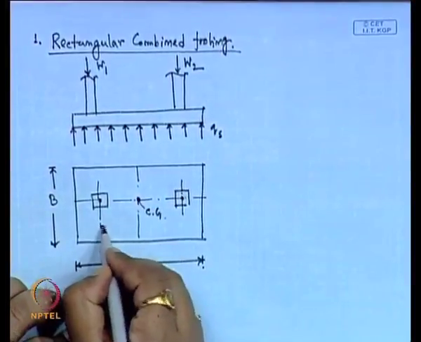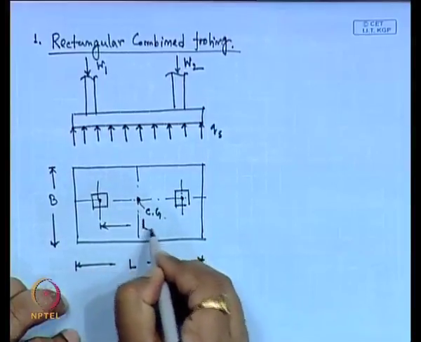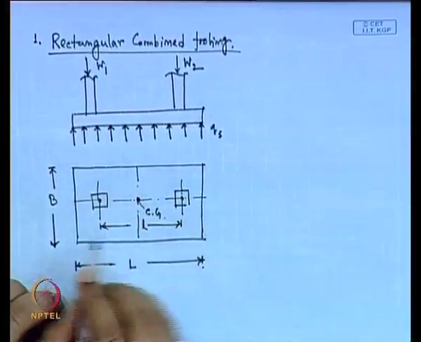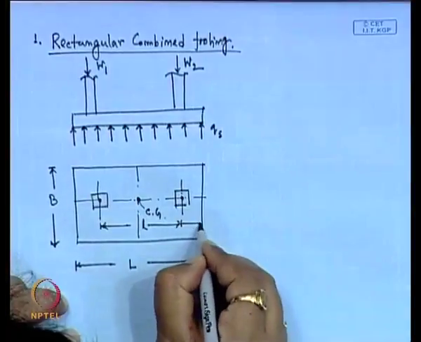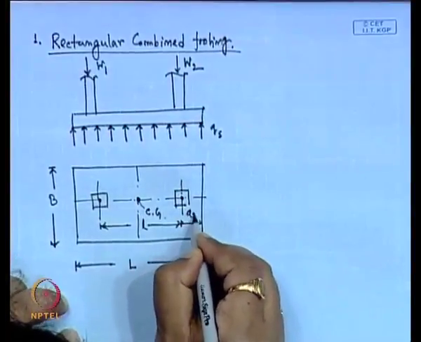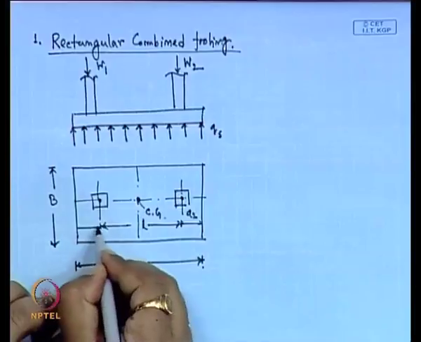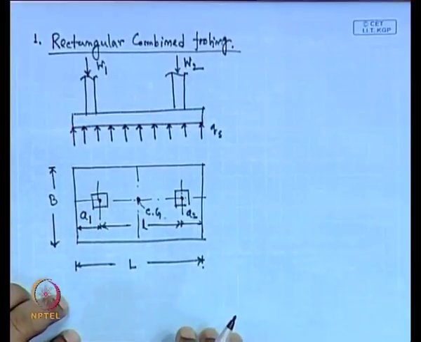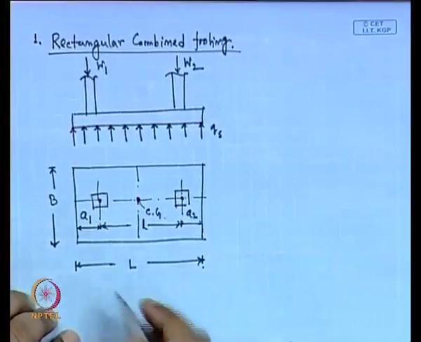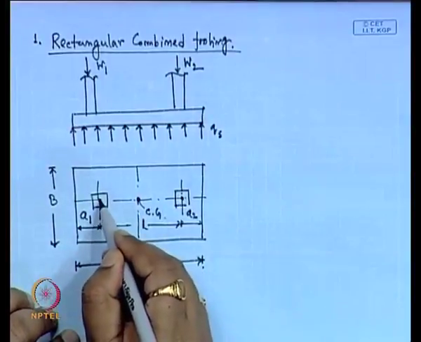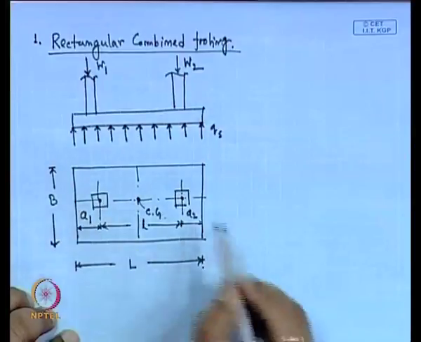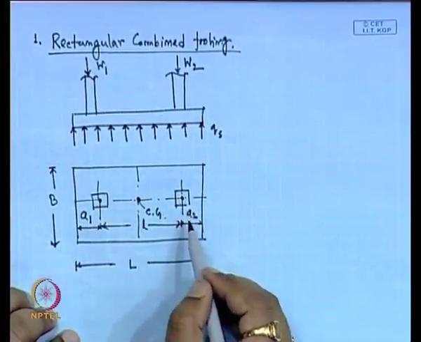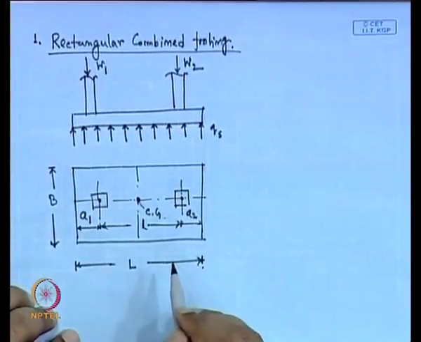Now, the spacing between the two columns is small l, which is known. A1 is the distance from the center of the first column to the edge of the foundation, and A2 is the distance from the center of the second column to the edge.